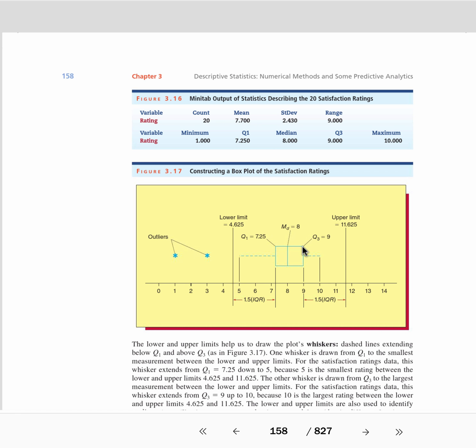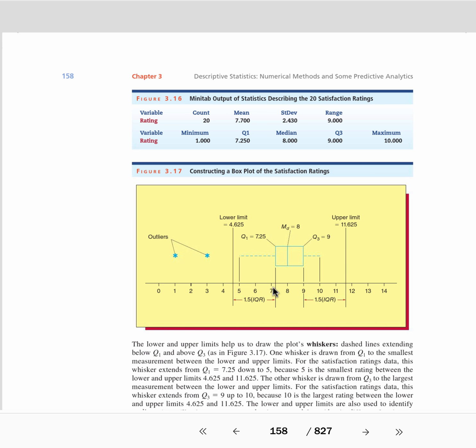So here is a better illustration of the same example. In our case, we ended up with the first quartile equal to 7.25, the third quartile equal to 9, and the median equal to 8. Now, how do you calculate the upper limit? You multiply the range of this rectangle by 1.5, and you end up with the upper limit.